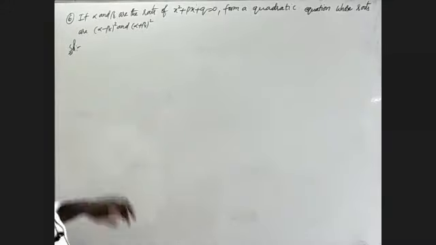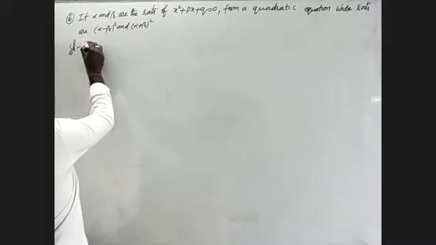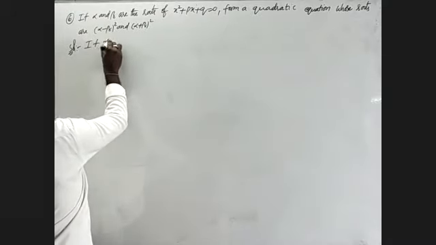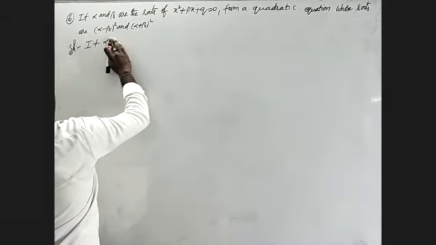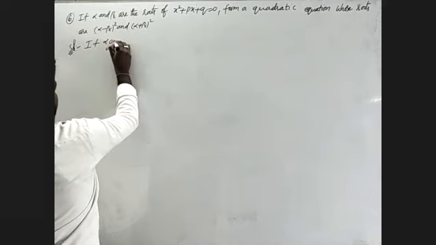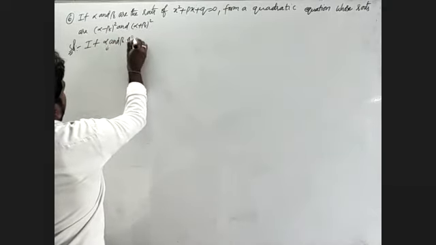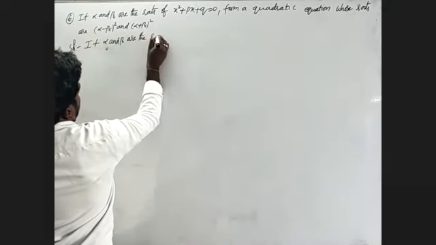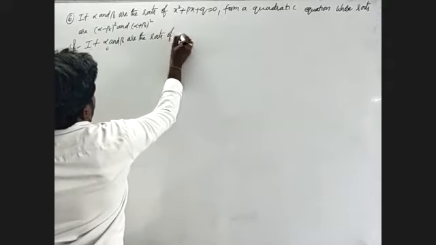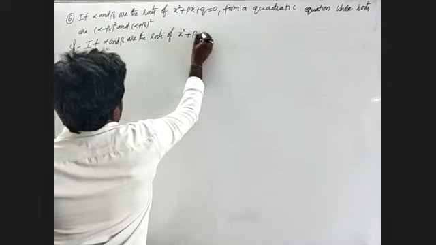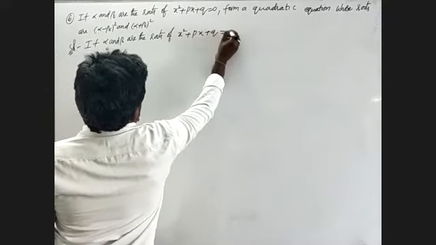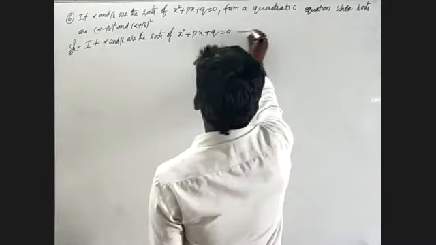First, the given statement: if alpha and beta are the roots of x square plus px plus q is equal to 0. We know that one condition.